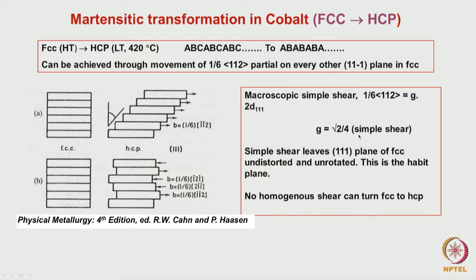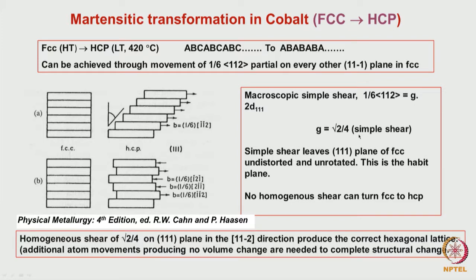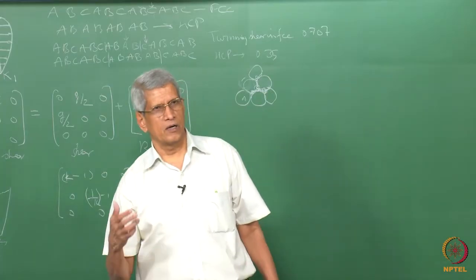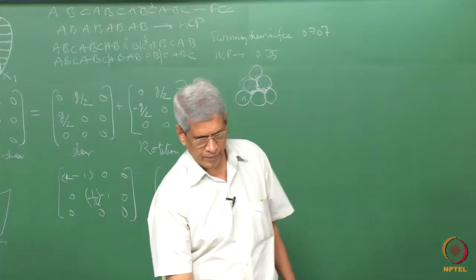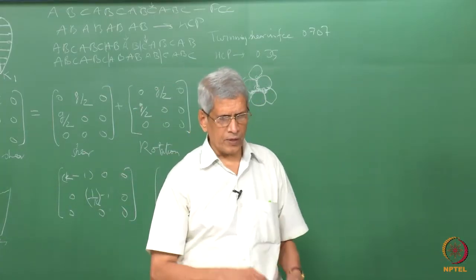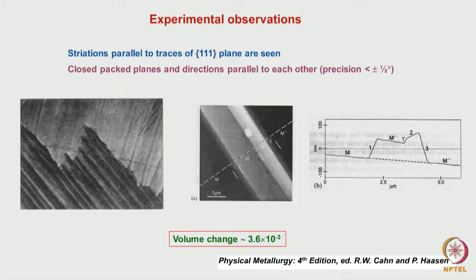As I mentioned, like in twinning, some shuffles will be required to bring them to the correct position. That is what possibly might be occurring. With that shuffle, a complete structural change would take place. These are some experimental observations.